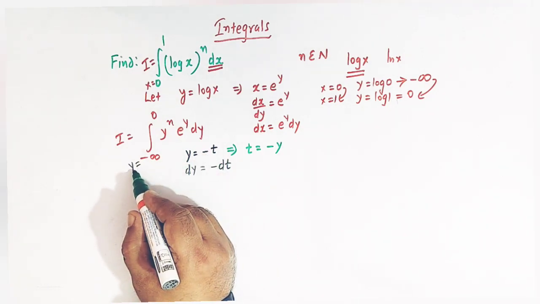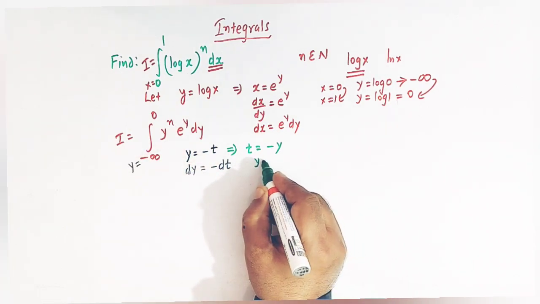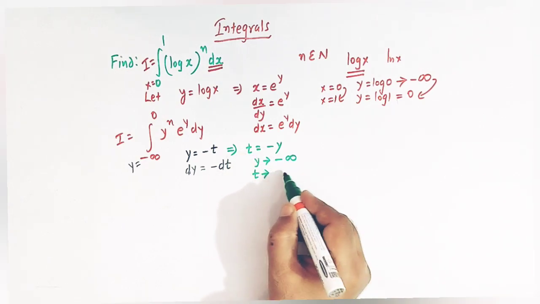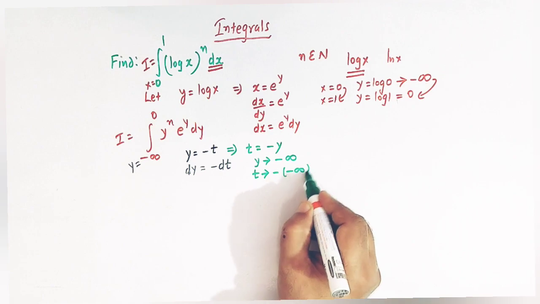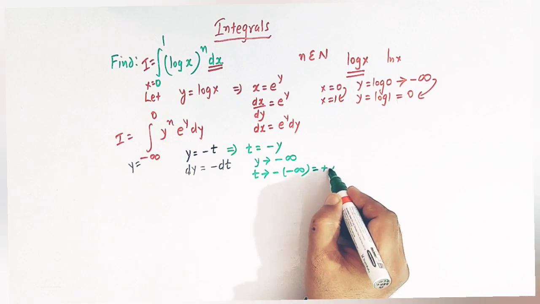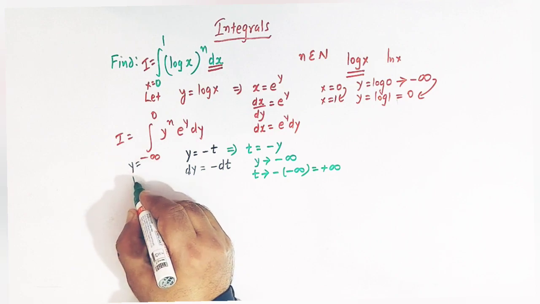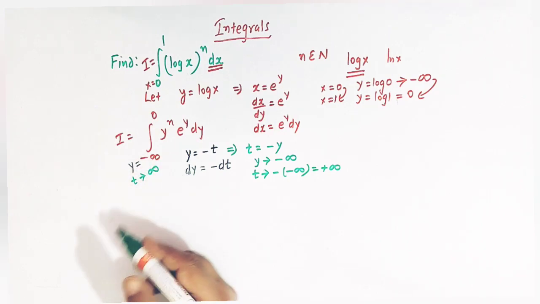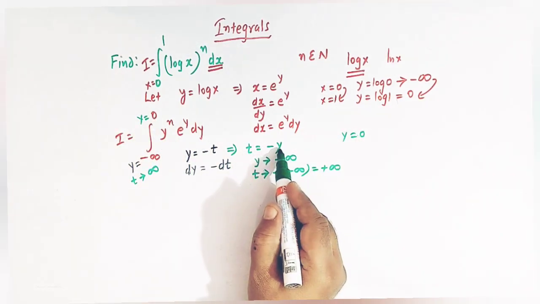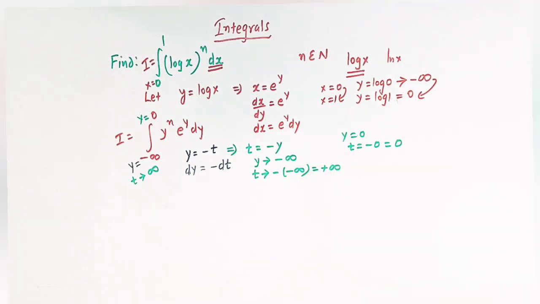When y tends to minus infinity, then t tends to positive infinity, because minus of minus infinity is positive infinity. And similarly, when y is equal to 0, then obviously t is equal to minus 0, that is equal to 0.